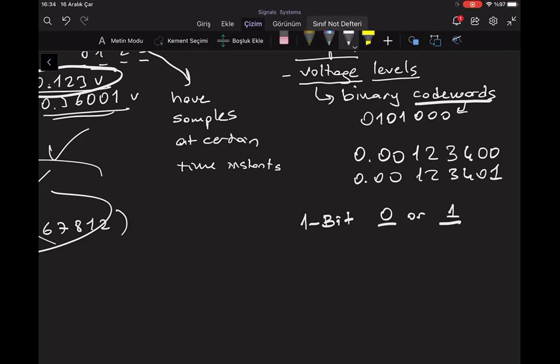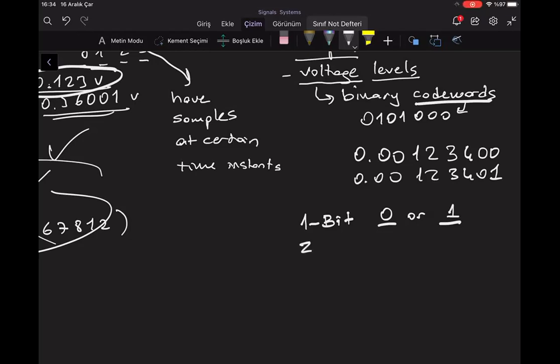How many code words do I have? 0 or 1. Yes, no. 0 volt, 5 volt. I don't have 3 code words. So that means I only have 2 voltage levels.